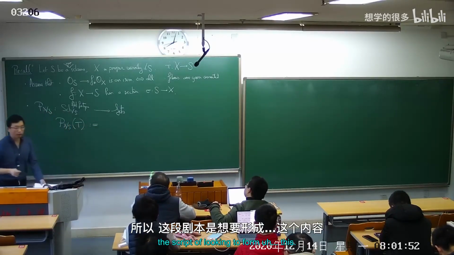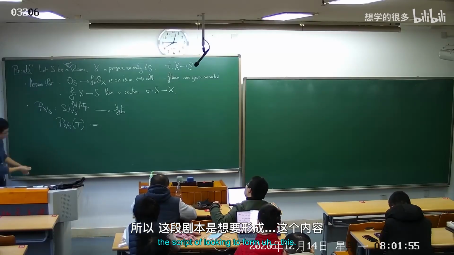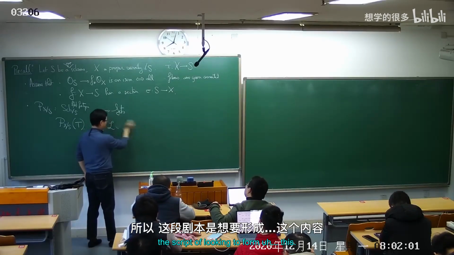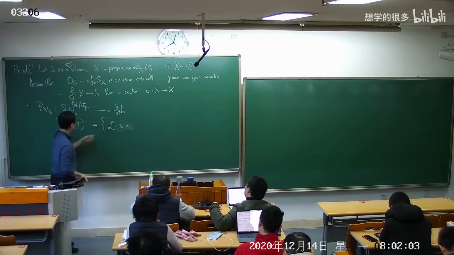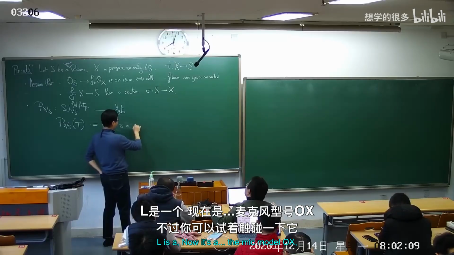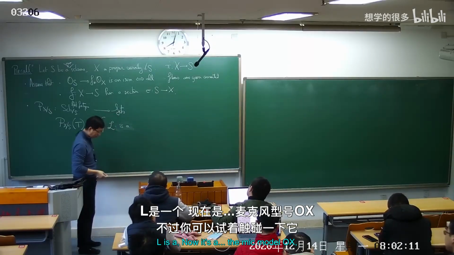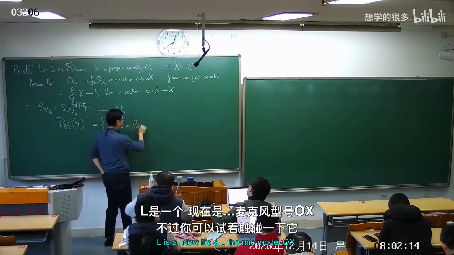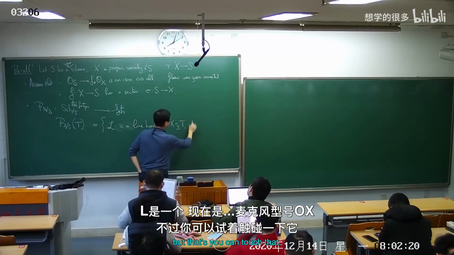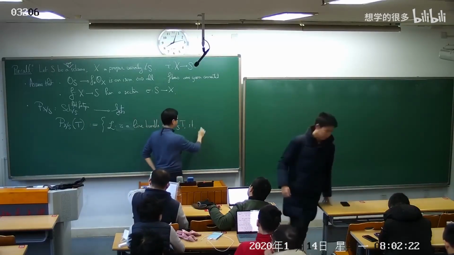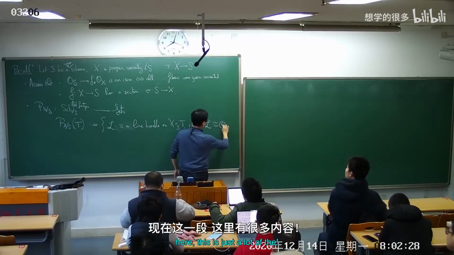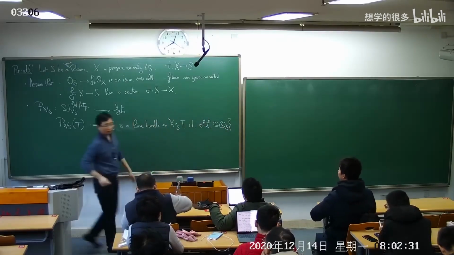So let's first of all give a more explicit definition. L is a line bundle on X over S such that if you pull back L along the section, this is O_S.